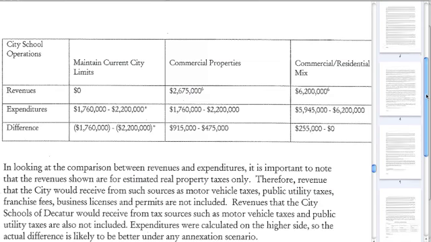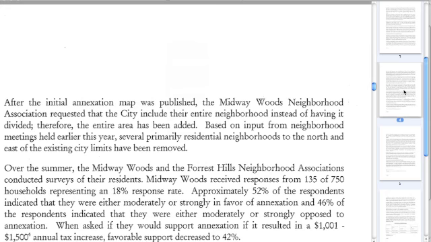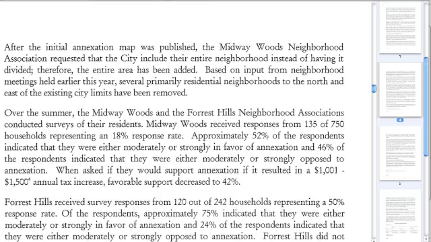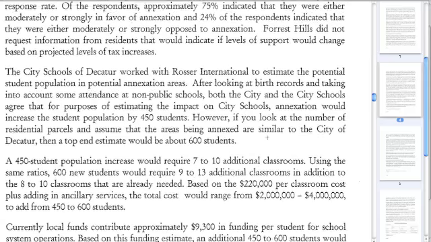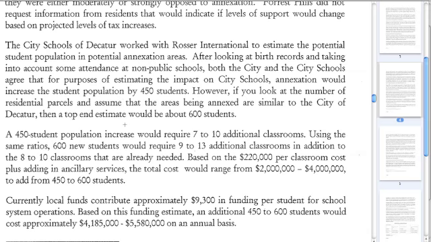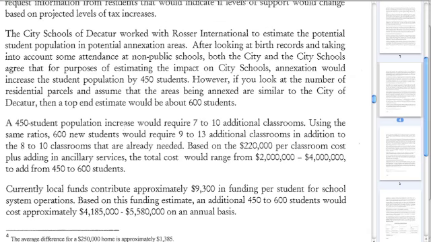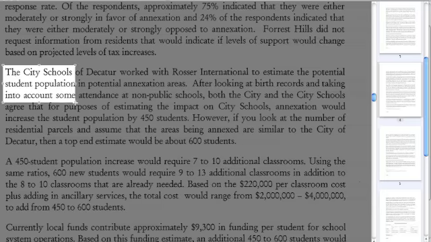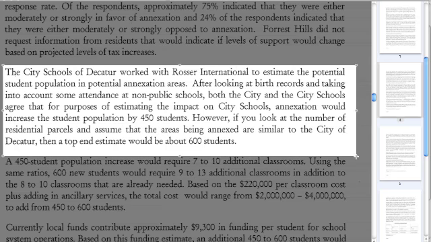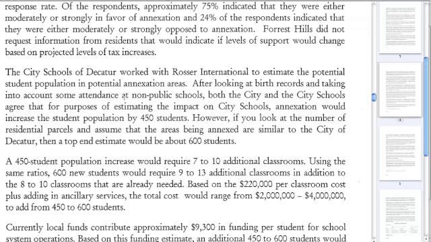Okay, so how do we determine in the report how many students are coming in through annexation? All right, let's move back a little bit, and we come to this paragraph here. City Schools of Decatur worked with a company called Rosser International to estimate how many students. They came up with this number of 450.